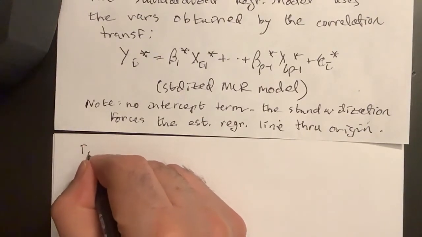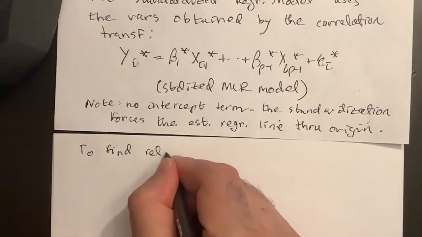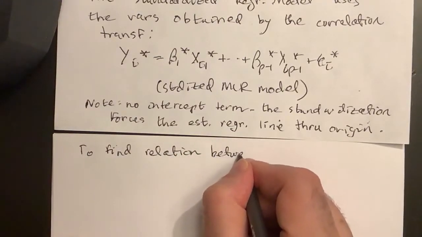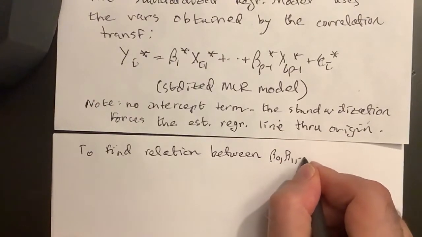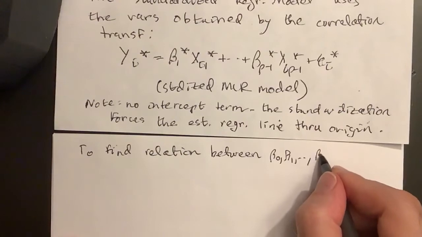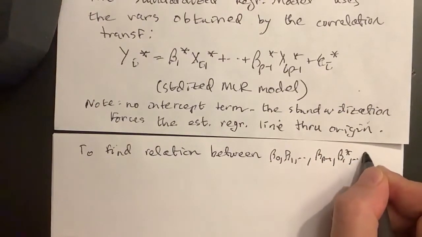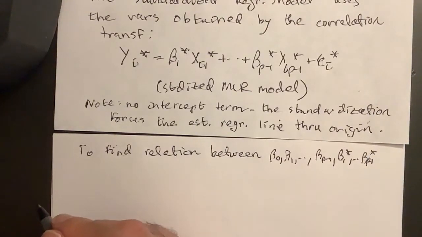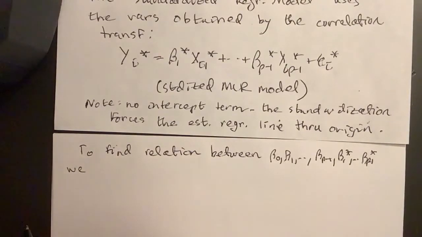To find a relationship between beta 0, beta 1, beta p minus 1, and beta 1 star, beta p minus 1 star, we just have to do a little work.